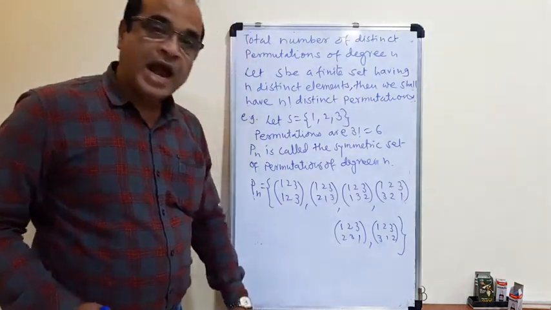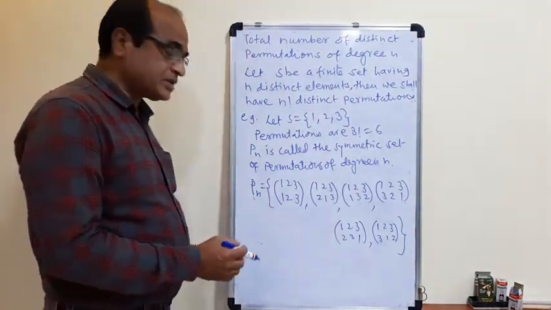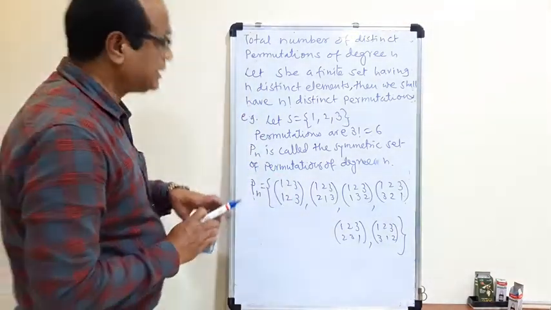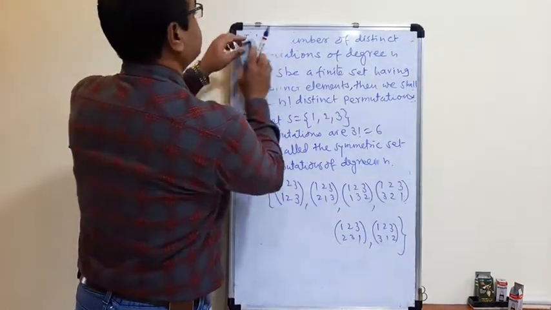So what is the identity permutation? This permutation is called the identity permutation. So we take a definition.